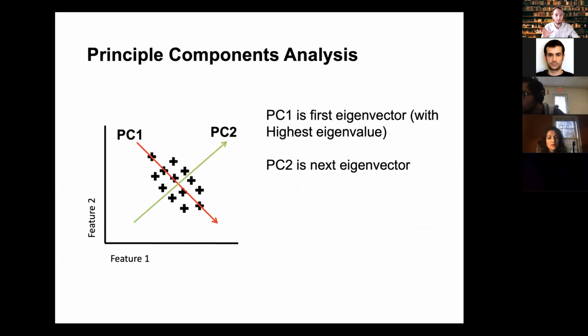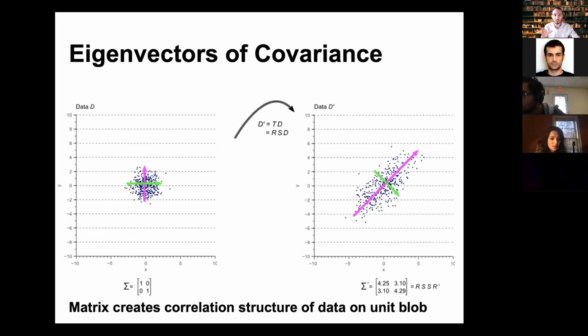So Anna, can you go back to that slide? One way that we're looking at it here is that the covariance matrix is a transformation, and it takes a circular blob and turns it into data that's shaped like your data based on the covariance. So it creates the covariance in your data. If you look at this matrix, in some directions, the data has to be rotated to fit the shape on the right, and in some directions, it just has to be stretched.